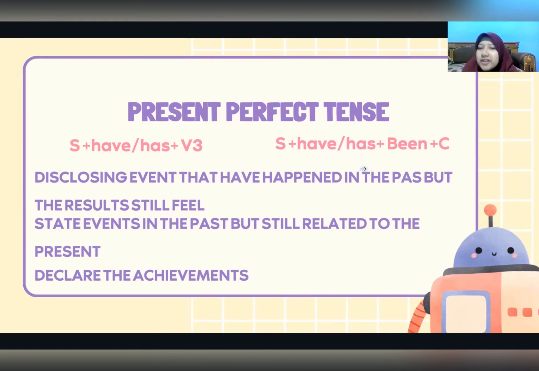What is the function of the present perfect tense? It describes an event that happened in the past, but the result is still felt in the present. Even if the event happened in the past, the effect of the event is still felt right now.